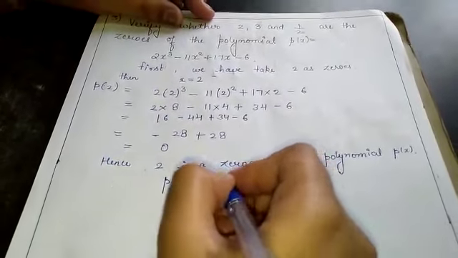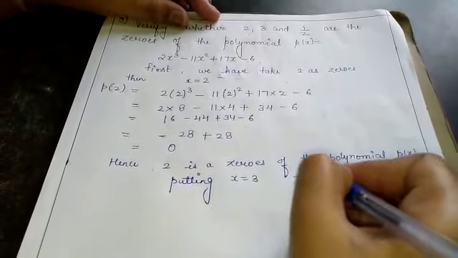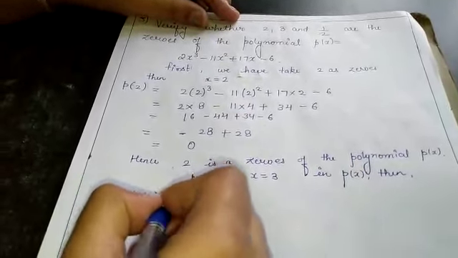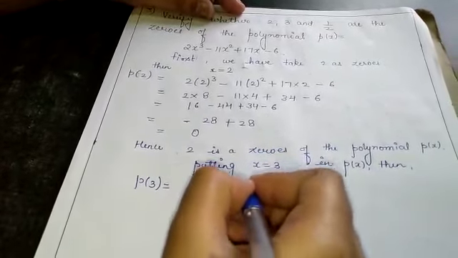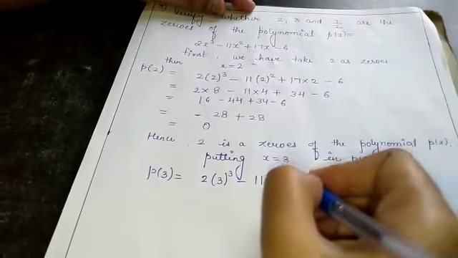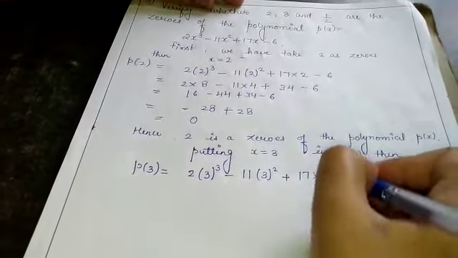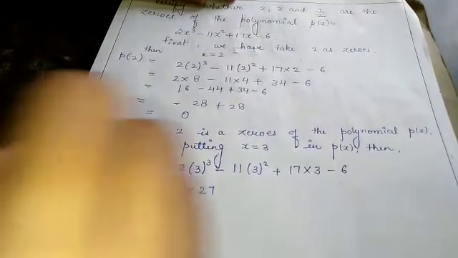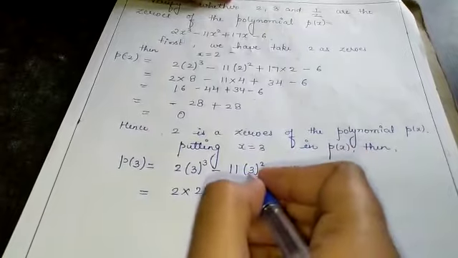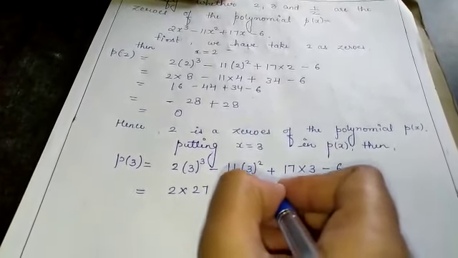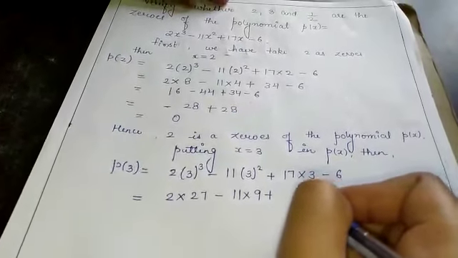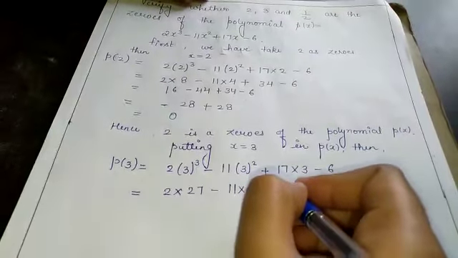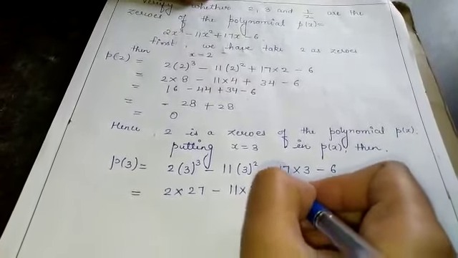Putting x equal to 3 in the polynomial p(x), p(3) is equal to 2 into 3 cube minus 11 into square of 3 plus 17 into 3 minus 6. 2 into cube of 3 is 27, minus 11 into square of 3, which is 9, plus 17 threes are 51, minus 6.